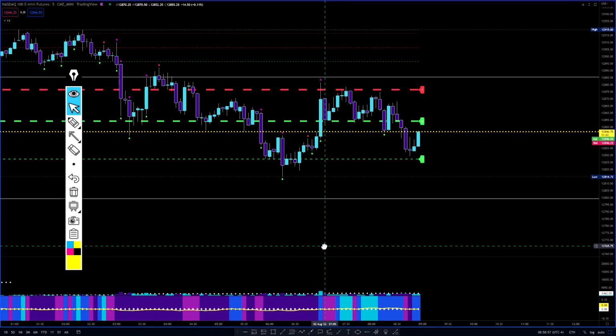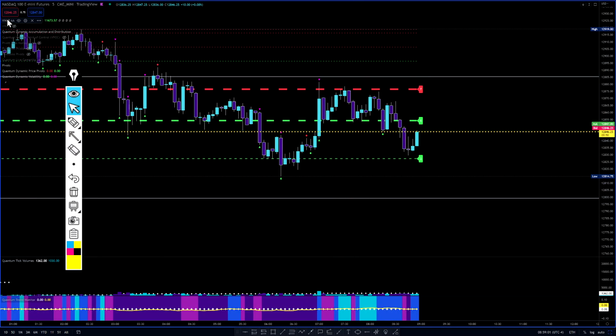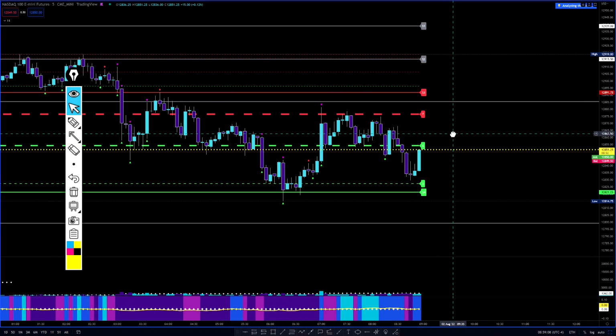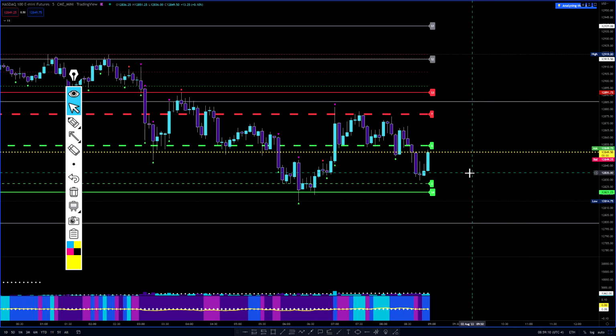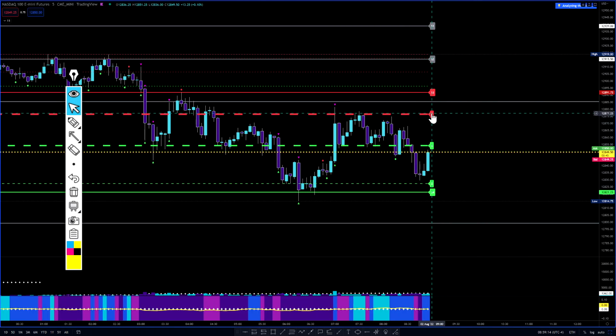Are we gonna push down or are we gonna move up? Let's throw on some daily Camarilla levels and see where we're at. All right, so we're below S3. We have some resistance here, touched 7 times on the accumulation distribution indicator at around 12,876.25.